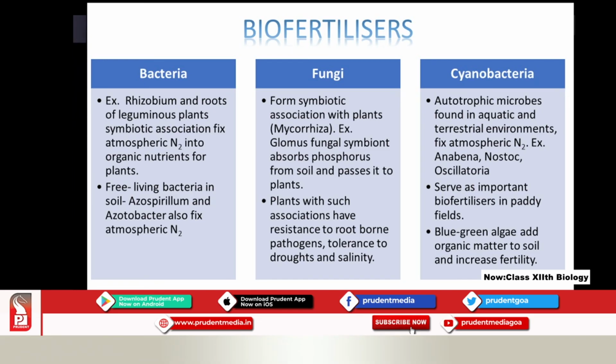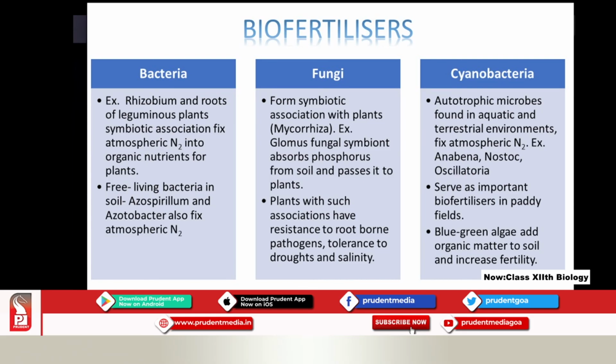Here there are 3: bacteria, fungi and cyanobacteria. All these 3 you will have studied in the 11th standard, so I won't explain much. In bacteria, one example is Rhizobium, which is present on the roots of leguminous plants in a symbiotic association and fixes nitrogen from the atmosphere.